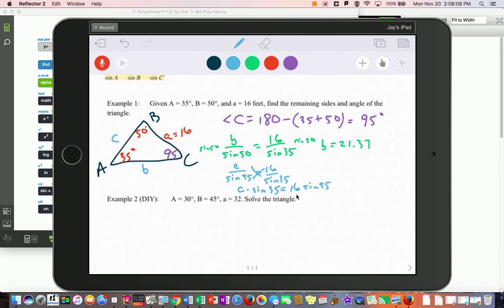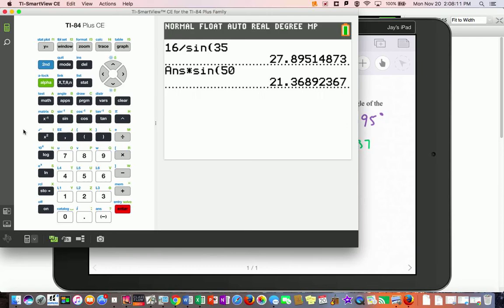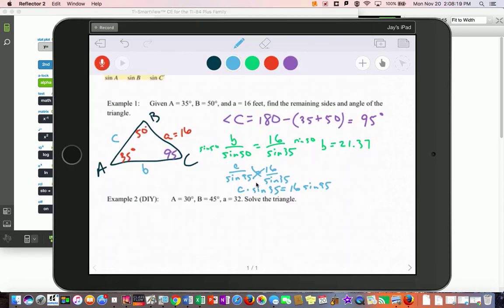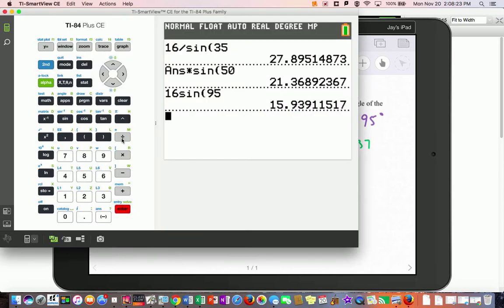So we're going to type this into our calculator. 16 times the sine of 95. Now I have to get c by itself, so I'm going to divide by the sine of 35. And we're getting 27.79.